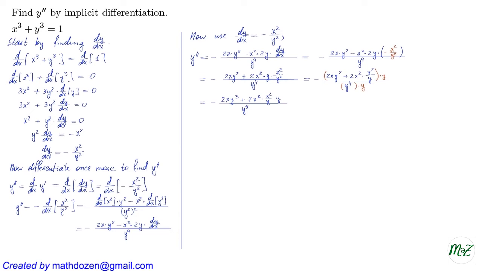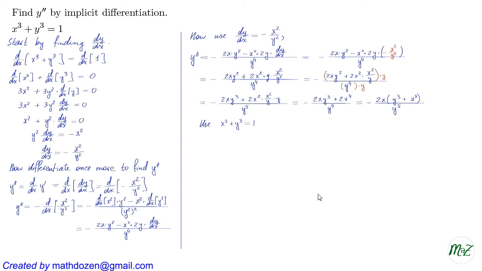So that gives us cancellation of y. And we end up having negative 2x y cubed plus 2x to the 4th, all of that divided by y to the 5th. And if we factor out 2x, we have negative 2x multiplied by y cubed plus x cubed, all of that divided by y to the 5th.